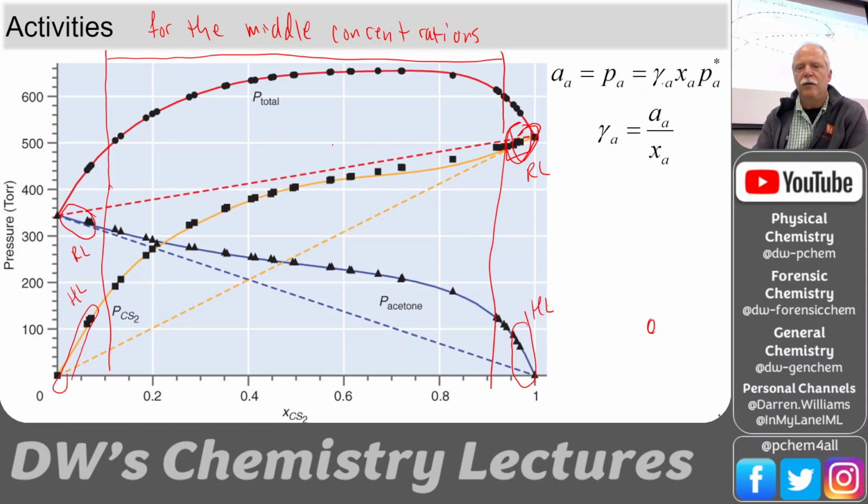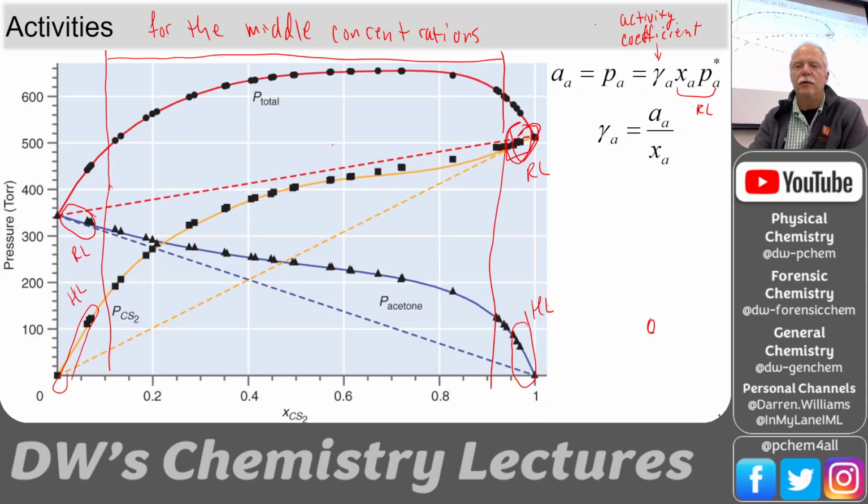So we would take Raoult's law, this is Raoult's law right here, and correct it with an activity coefficient. No, that's a gamma, not a Y. Yeah.